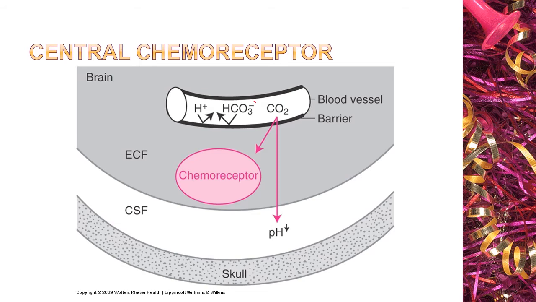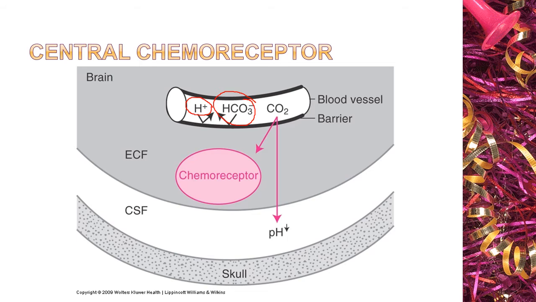So we can see here the bicarbonate and the proton are the end products. An acid reaches the brain, and of course it cannot go out from this blood vessel, but this reaction reverses. So now the proton combines with bicarbonate, and it will form carbonic acid.